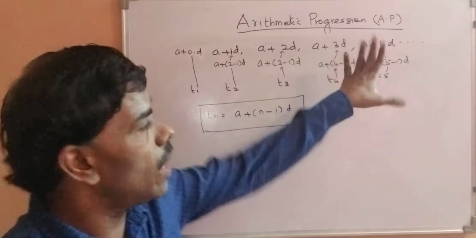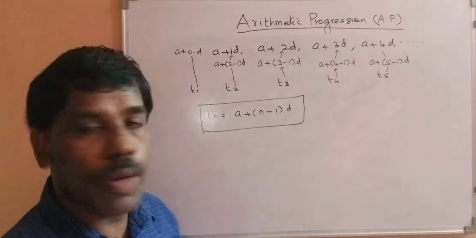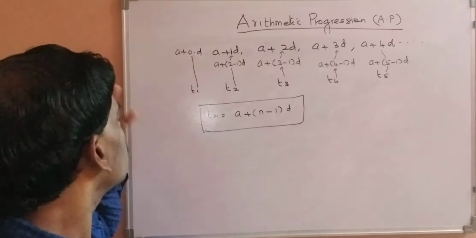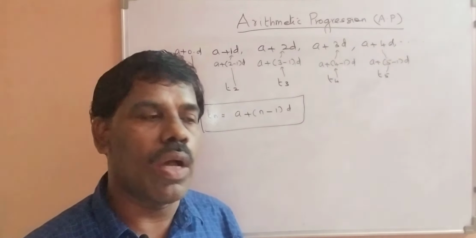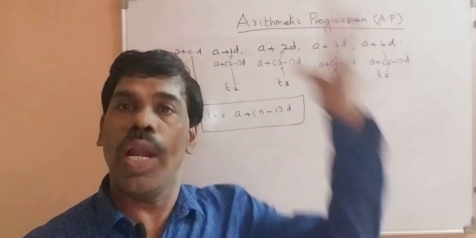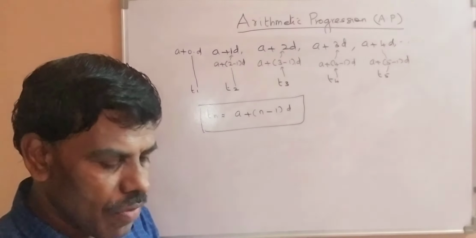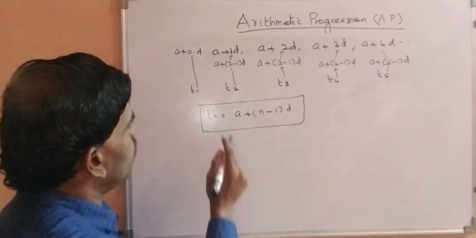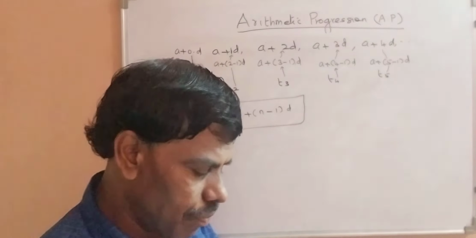See, if any arithmetic progression is there, how can you find out the nth term of the sequence? See here, it is 2, 4, 6, 8, 10, etc. You are knowing it. Suppose if you are asked to find out the 100th term, no problem. 1000th term, 1 lakh term, what will you do? So you should have one formula to find out. So this is the general formula to find out the nth term of the sequence.